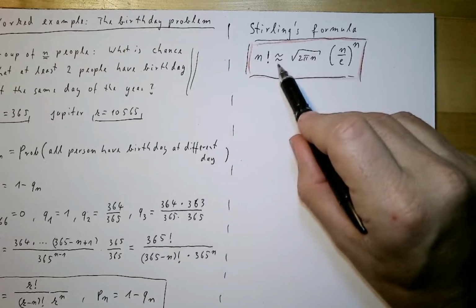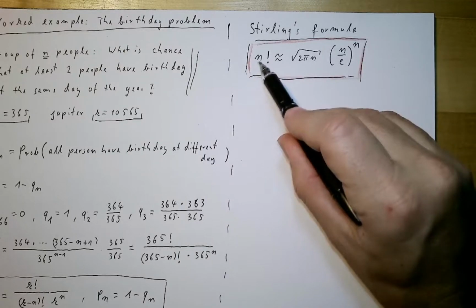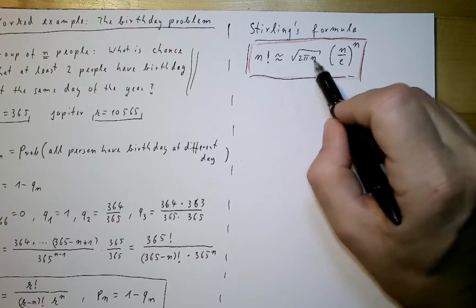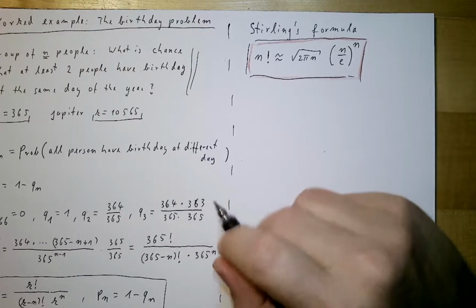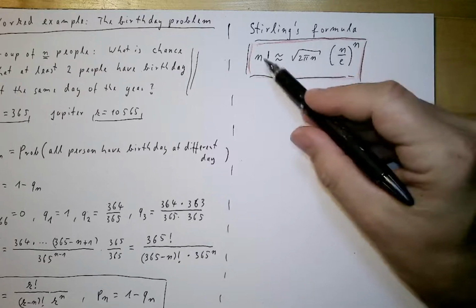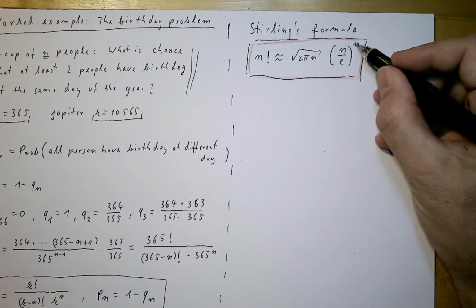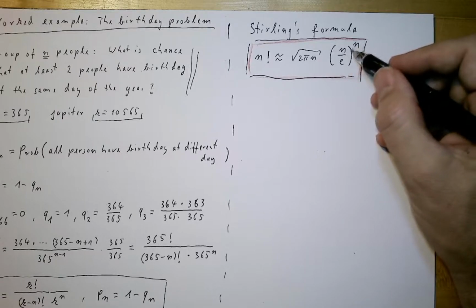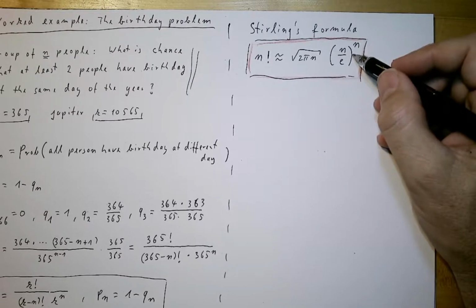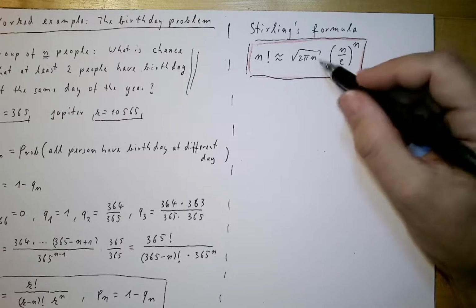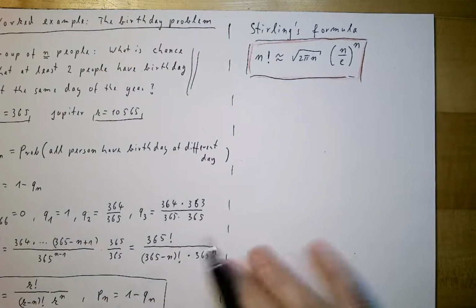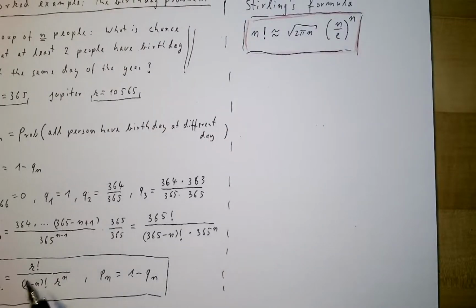It's not exact, it's an approximation, but if this n factorial gets so large, the error that you make you can neglect. And so here you see that the factorial increases as a weird function, n to the power of n. That's a really weird, very fast growing function. Okay, now let's see how we can use this formula, Stirling's formula, to simplify what we have here.